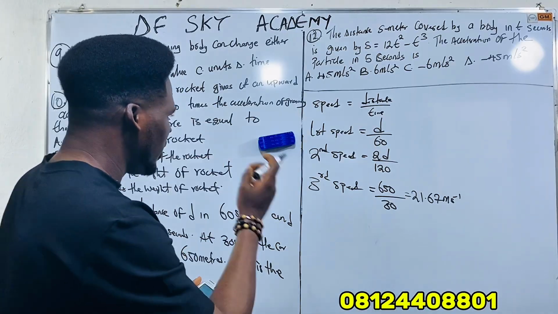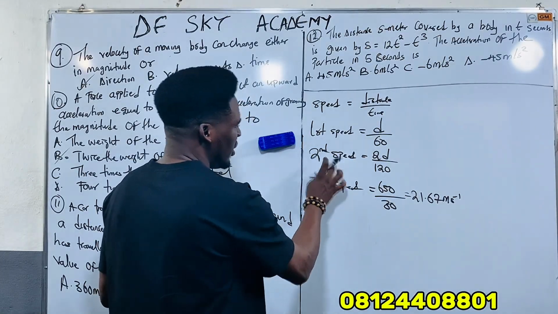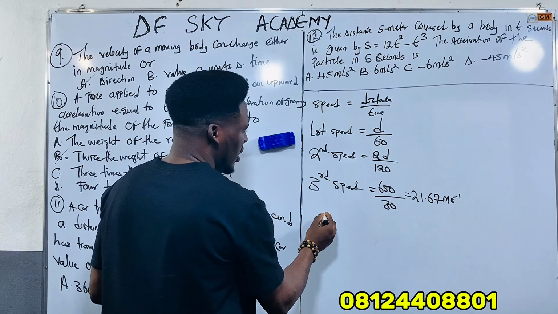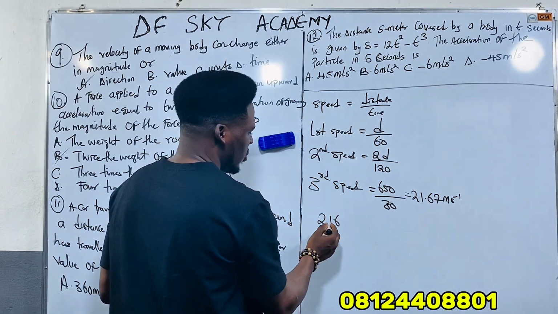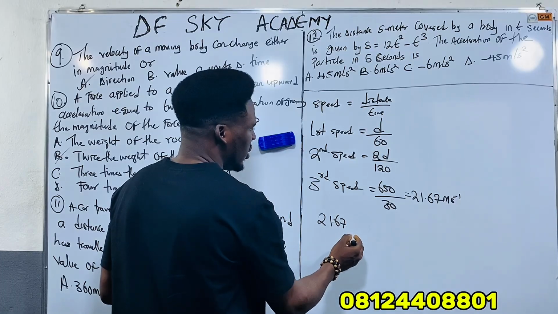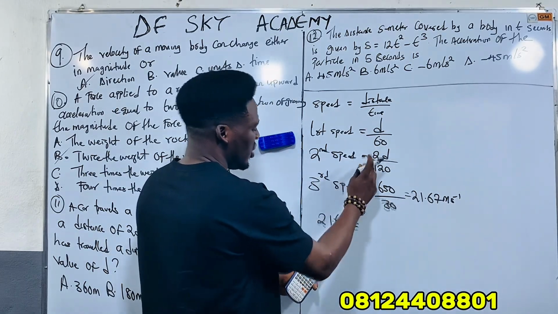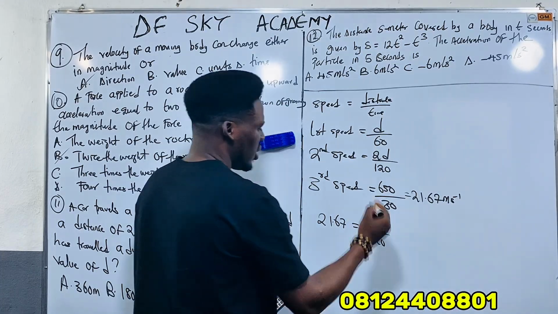So can I compare the third and the second? If I compare the third and the second, I'll have 21.67, which is the third speed, is equal to the second speed. What is the second speed? 2d all over 120.